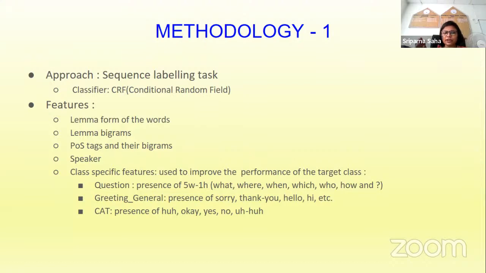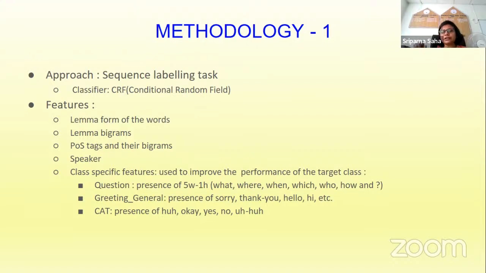Then we also generate lemma bigrams, meaning we consider not only the lemma of the current word, but the lemmas of two consecutive words. Part of speech is also sometimes important. We can determine whether a word is a noun, verb, adverb or adjective, and those are used as features, and also their bigrams.